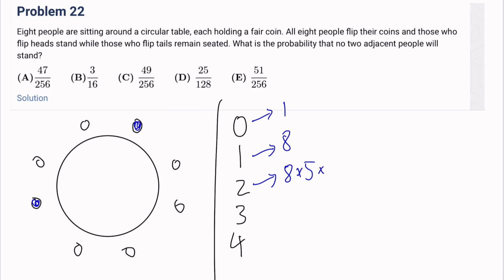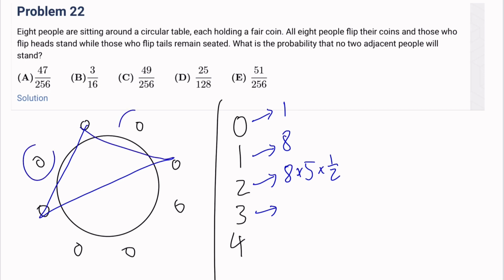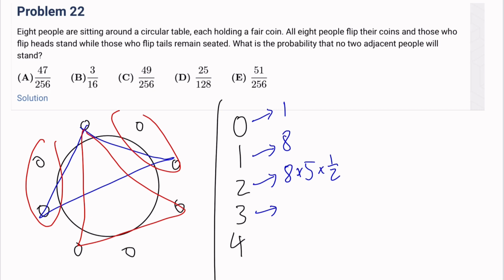But then it's counted as different here, so we have to multiply by 1/2. And for 3 people to stand, we can have a configuration like this, with 1, 1, and 3 people as gaps, or we can have this configuration with 2, 2, and 1 person as gaps, right?